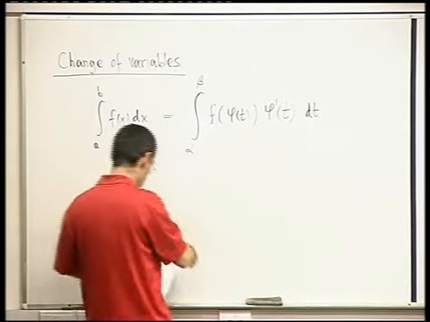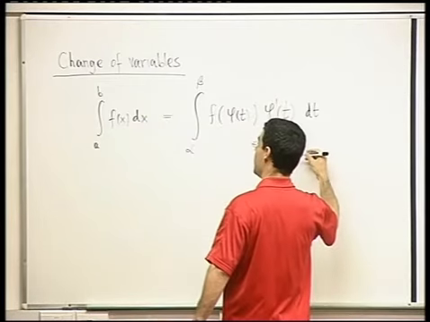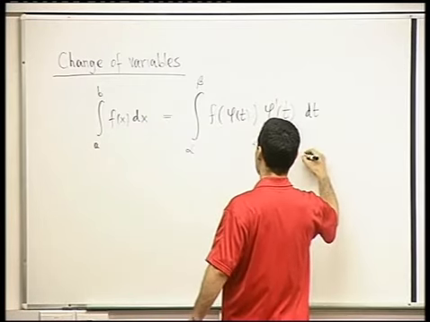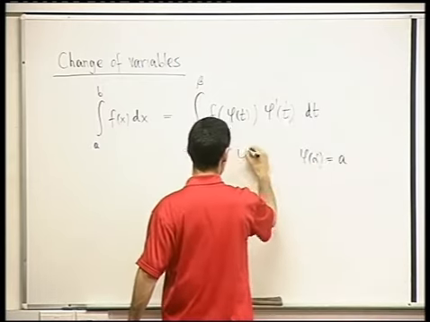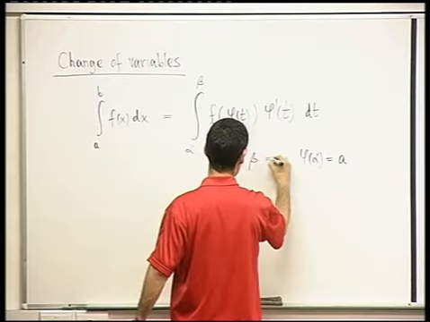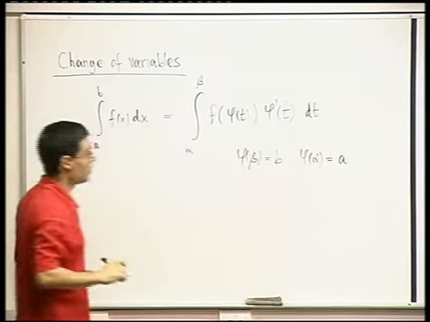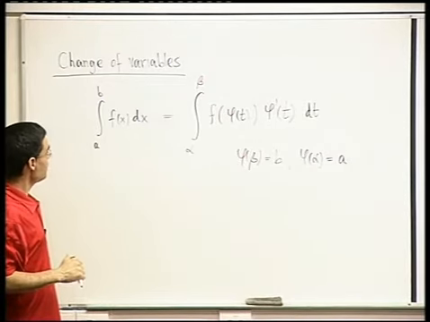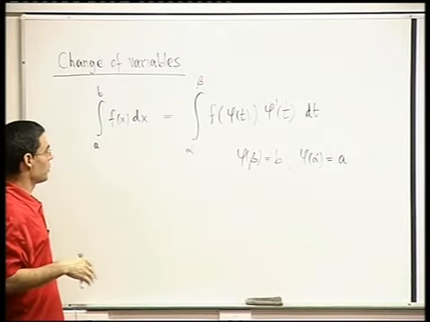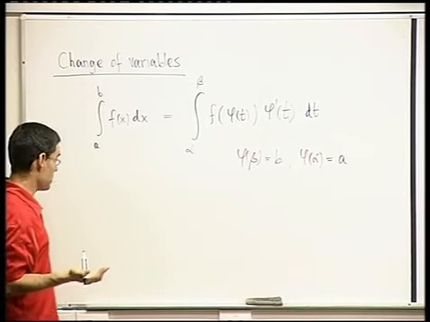And the way these relate one to another is that phi of alpha is a, and phi of beta is b. That's how the domains relate to each other. So this is the change of variable formula for a single variable function.